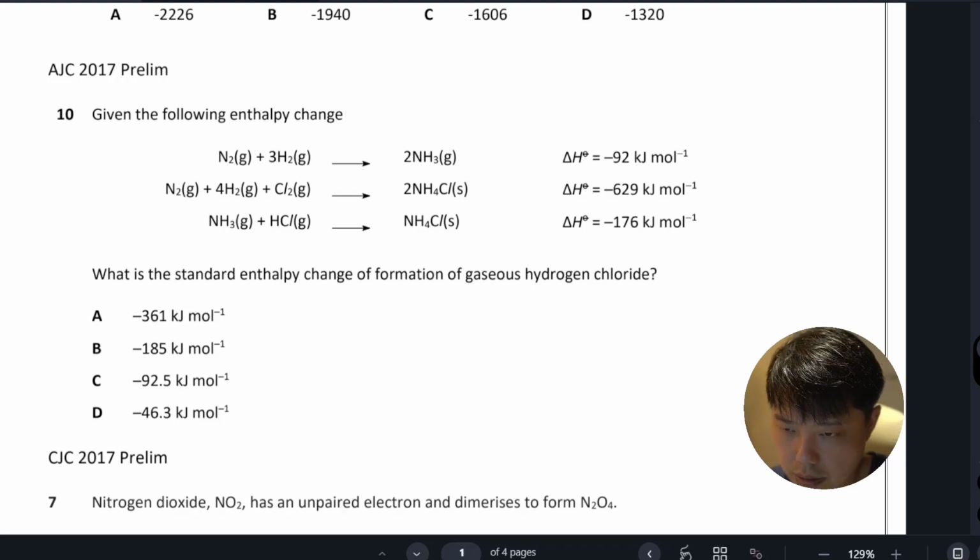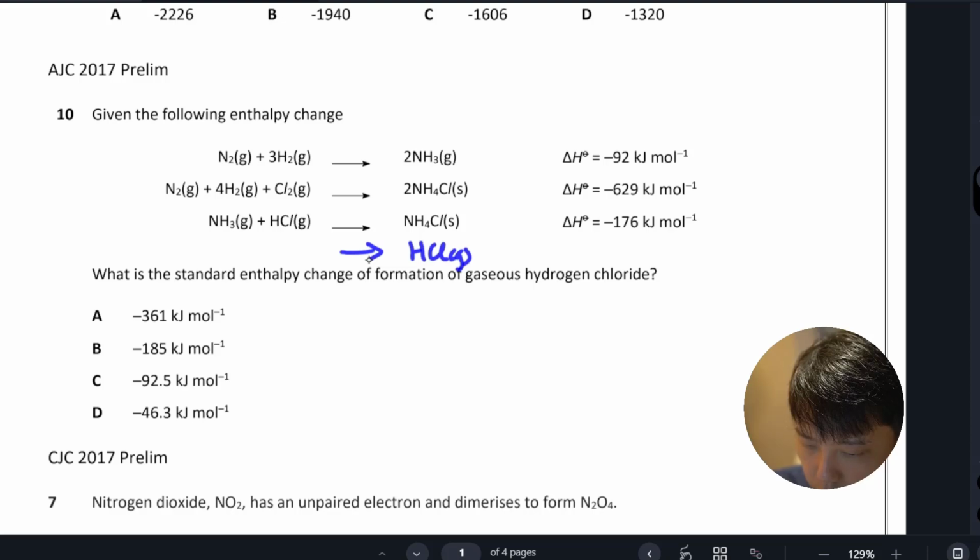Okay guys, let's take a look at the second MCQ. So we are given 3 equations. They want you to calculate delta H formation for gaseous HCl. So for gaseous HCl, yes, you will need formation, right? So you need half H2 gas plus half Cl2 gas.